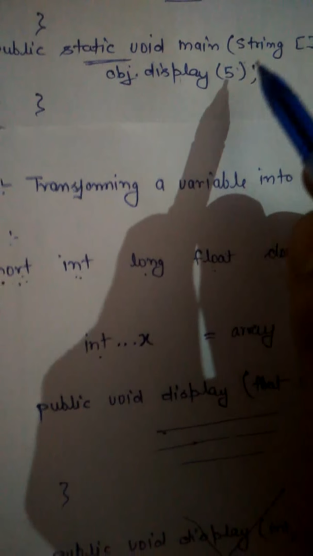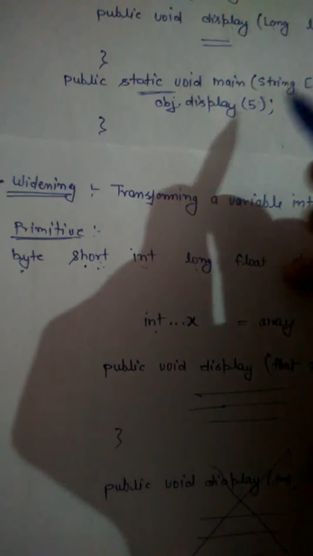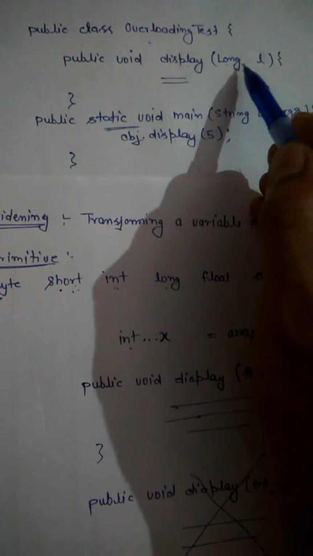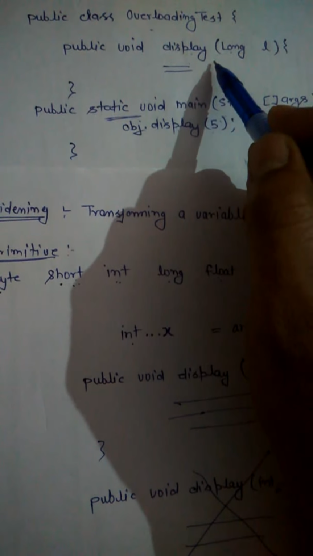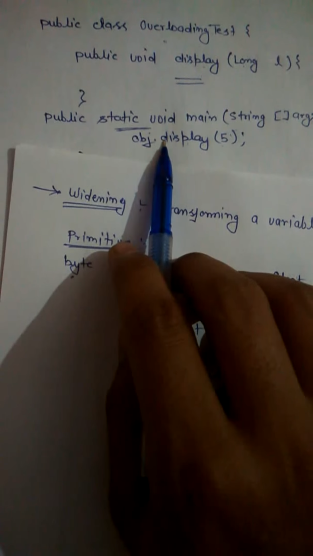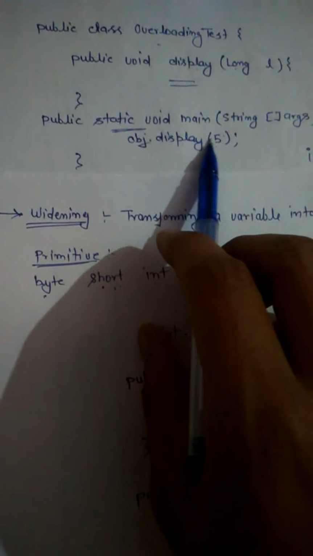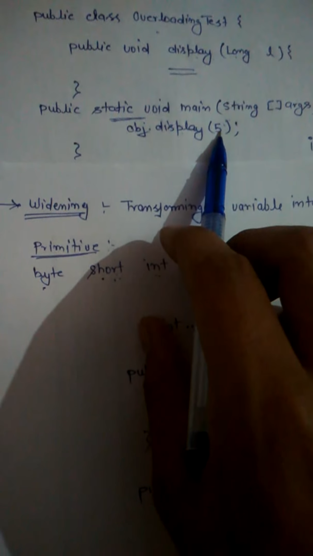Here I am passing a primitive integer. There is no display method with a primitive integer. So what will it do according to the rule? First of all, it will find whether there is any method whose parameter is the widened type of primitive integer.